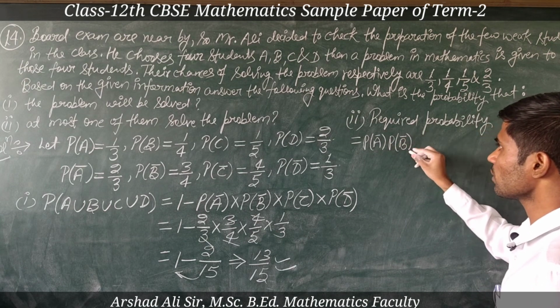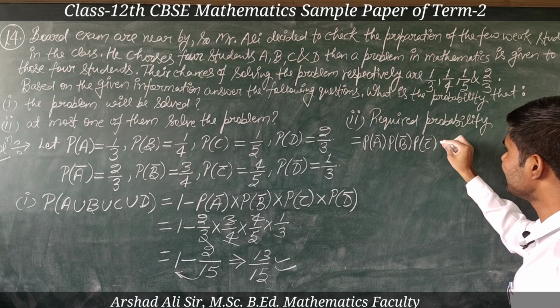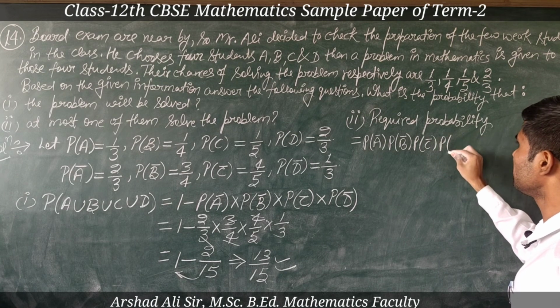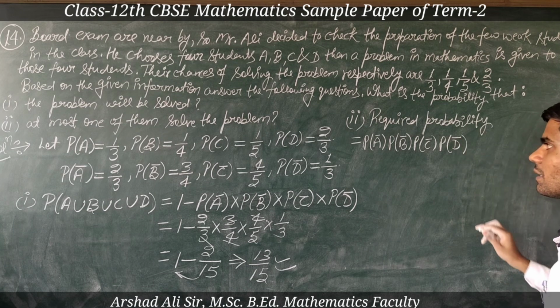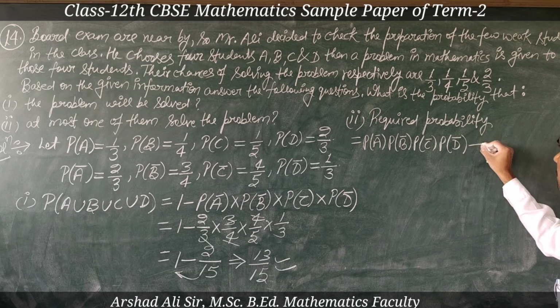B does not solve the problem, P(B bar). C does not solve the problem, P(C bar). D does not solve the problem, P(D bar). Okay, no one solved the problem. It is one case. Or means plus.